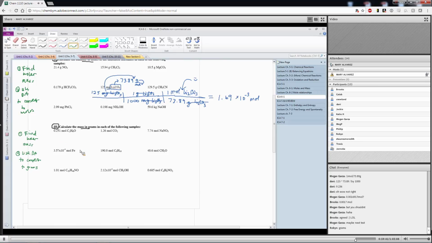All right, so let's do 7.74 moles of sodium nitrate. And again, I'll do step 1 for you really quickly because I don't want to spend extra time on that as much as I want to make sure that we just get the concept here. Okay, hang on a second.